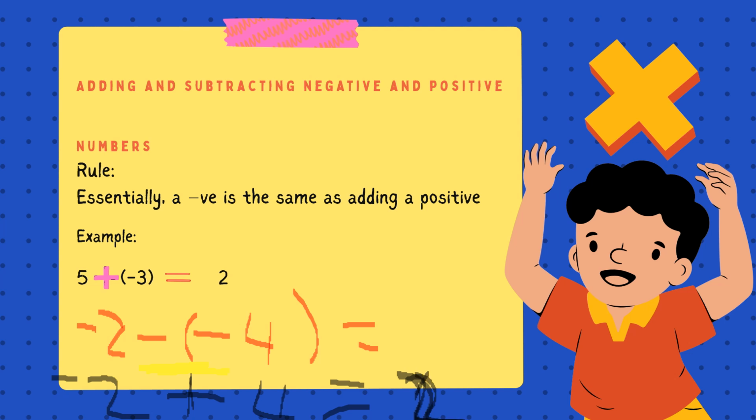So negative 2 plus 4 equals 2. The signs are different. Therefore, you subtract and take the sign of the larger number. Let's do another example.